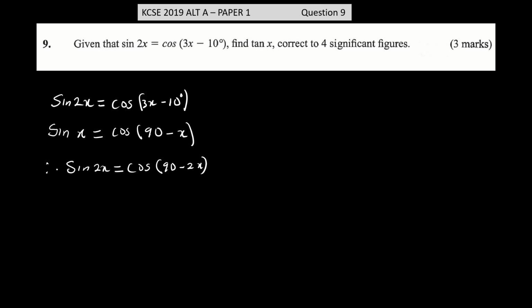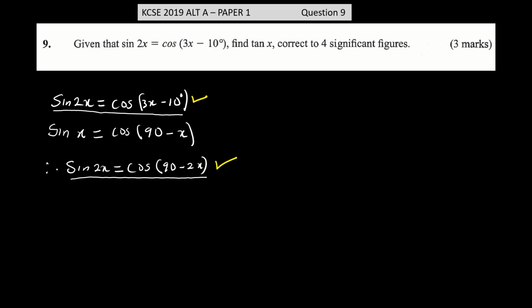This is from trigonometry. Now, we now have two parts in this question. The first part and the second part. What we do now is to relate. We relate the first part and the second part. Here we have that sine 2x equal to cos 3x minus 10. And here we have that sine 2x equal to cos 90 minus 2x.